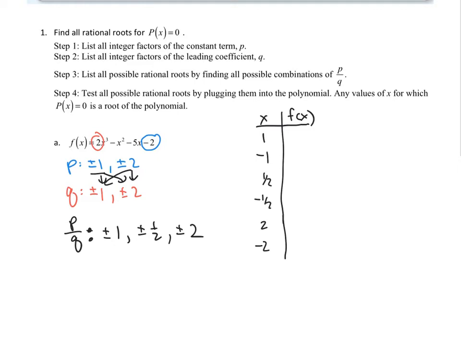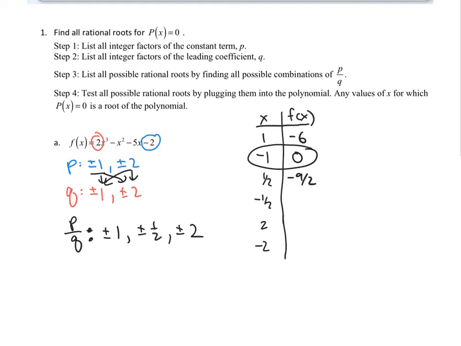When I plug 1 into f of x, I get negative 6, so 1 is not a 0 of the polynomial. When I plug negative 1 in, I get 0, so I found a 0 of the polynomial, negative 1. When I plug in 1/2, I get negative 9 over 2, so 1/2 is not a root.